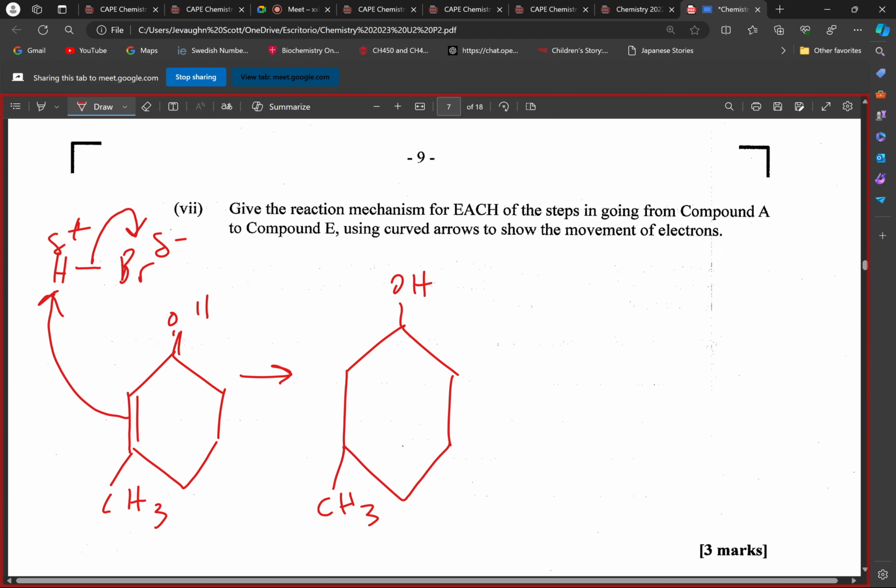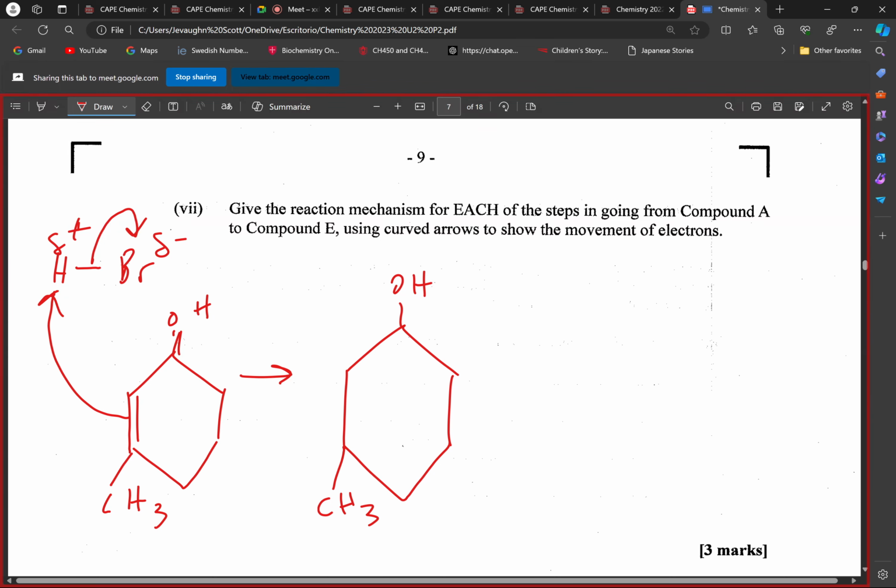Okay, that's one interpretation of Markovnikov's rule. That's fine. But looking at this molecule, we have to do it in order of how it would be done. In this case, we're going to have 2 different carbocations being produced.